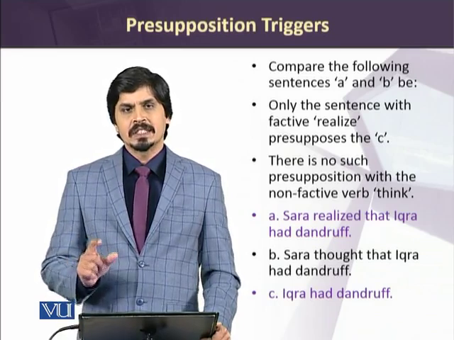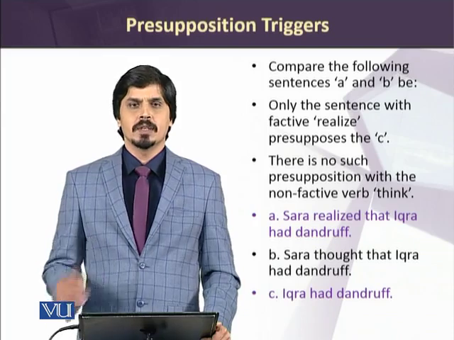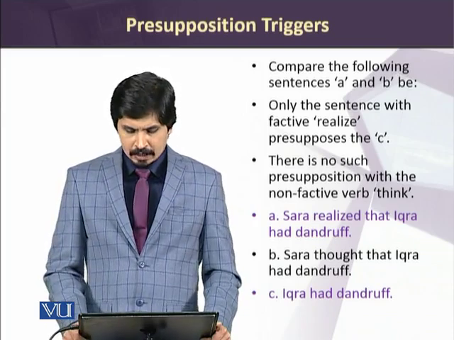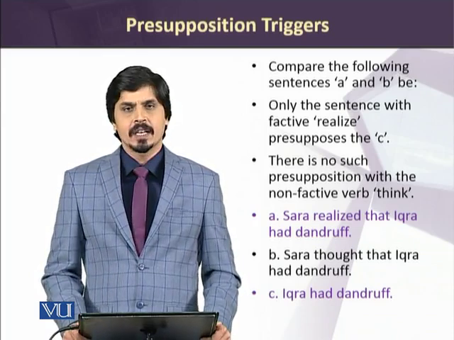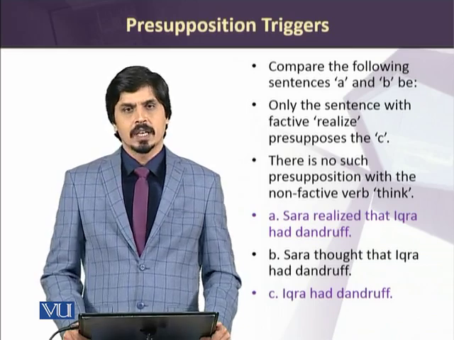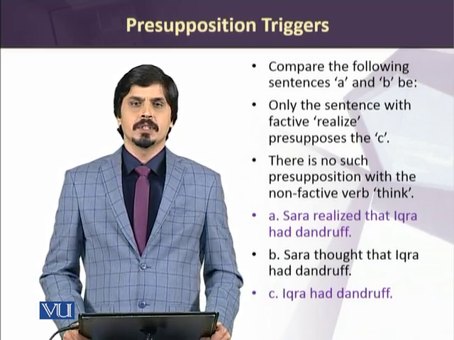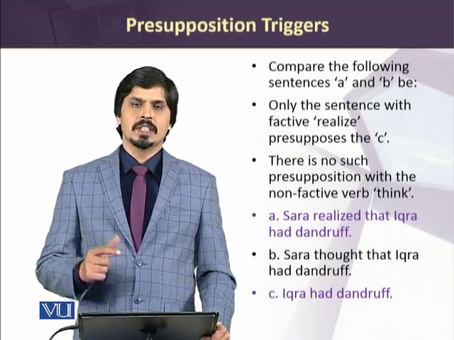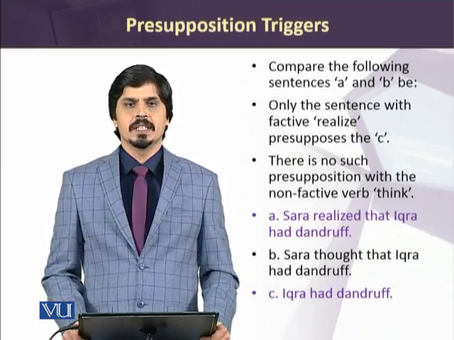The C, which is the presupposition, is based on the factive verb only. A: Sarah realized that Ikra had dandruff. B: Sarah thought that Ikra has dandruff. So Ikra had dandruff, the presupposition, is based on sentence A, which includes the factive verb realize.